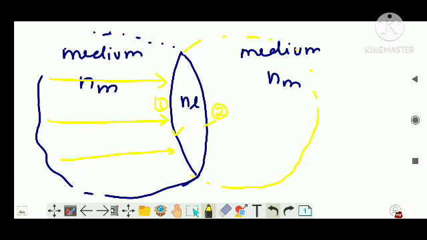The surface on which the ray falls becomes the first surface and the other one becomes the second surface. Easy to understand, right? Now let's say this first surface has radius of curvature r1, and this surface has radius of curvature r2. Clear?